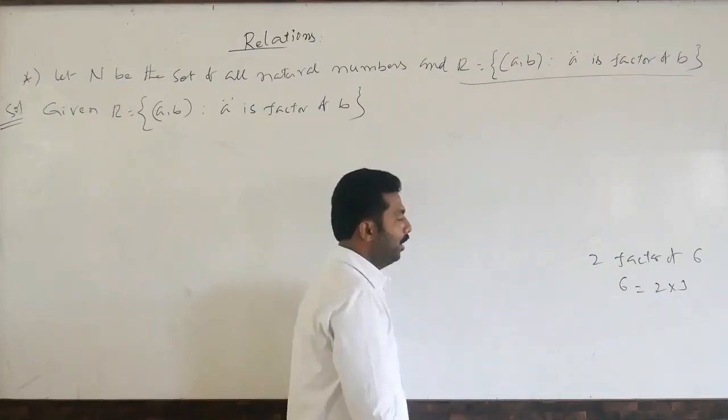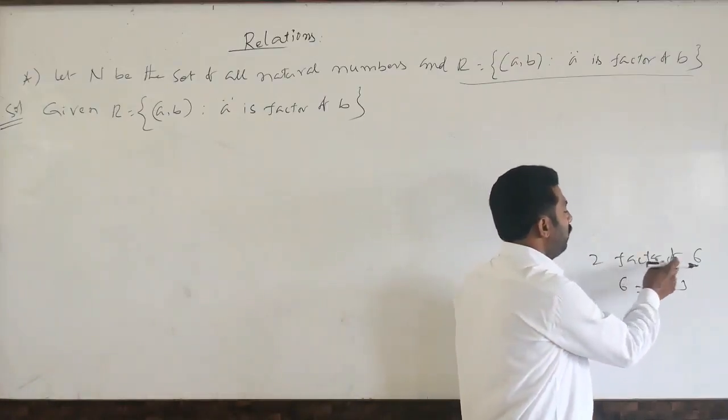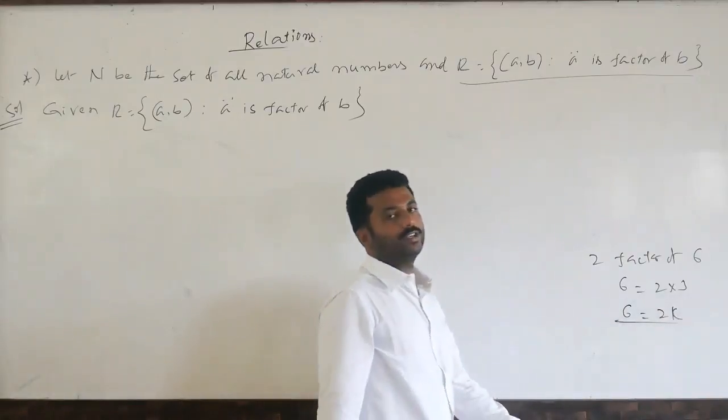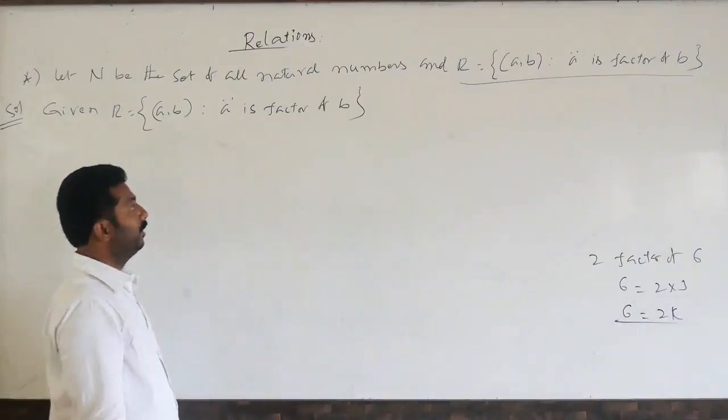Means 2 is a factor of 6 means 6 can be written as 2 into k, where k is some integer.